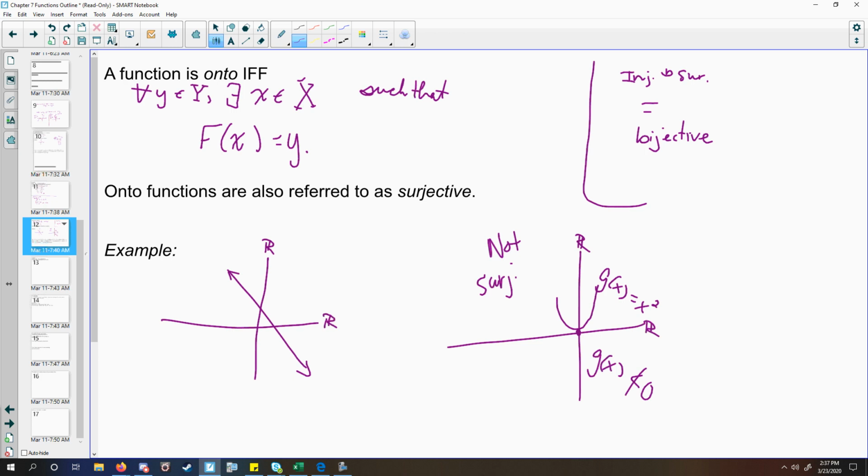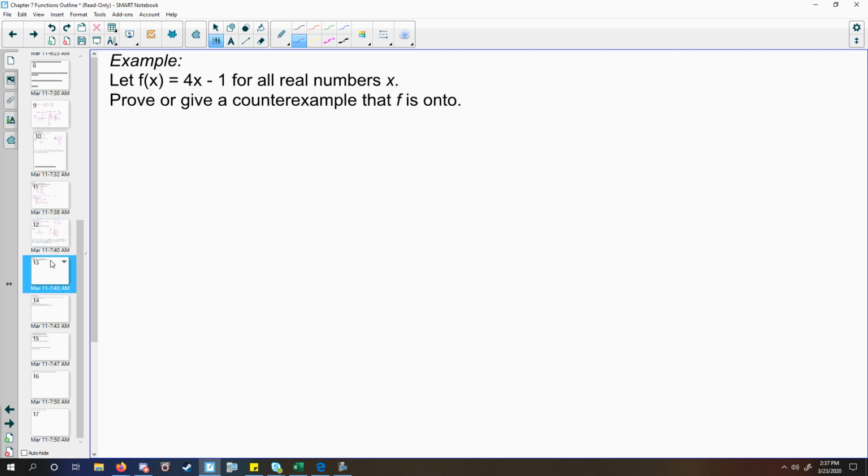Now, for proving these kinds of things, it is as straightforward as we saw before. You're still going to use an algebraic proof, but there's a little bit of prep work involved here. So the goal is to show that you can always find an x that will give you all of the outcomes in your codomain, right? So do your scratch work first.